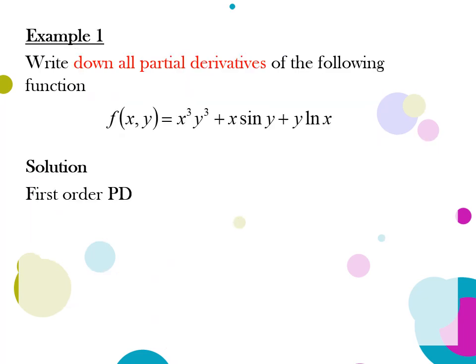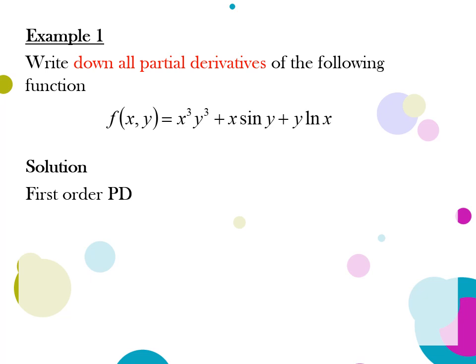Before I explain the difference between partial derivative and implicit differentiation, first I would like to teach you how to perform partial derivative, so that at the end of these examples, you can tell the difference between these two differentiations by yourself.